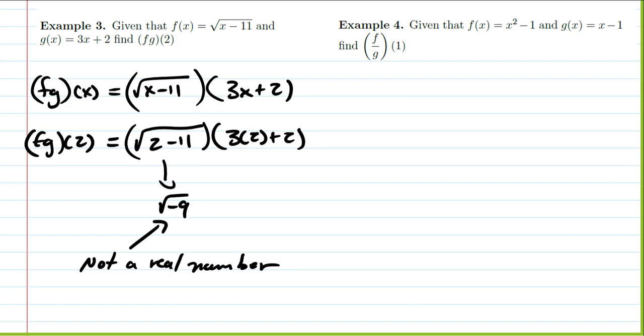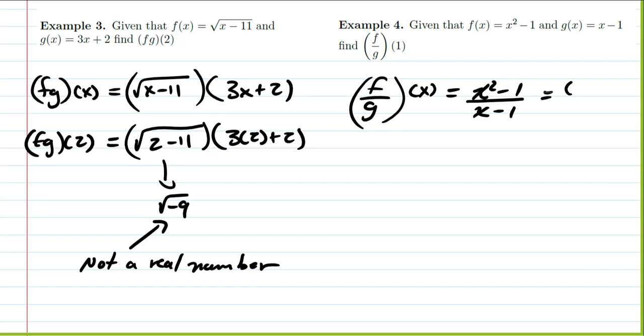So, in terms of our function algebra, since that's not a real number, the value of f times g of 2 is not a real number. Similarly, we have to be a little careful with example number 4, because if we go f divided by g of x, that is x squared minus 1 all over x minus 1.